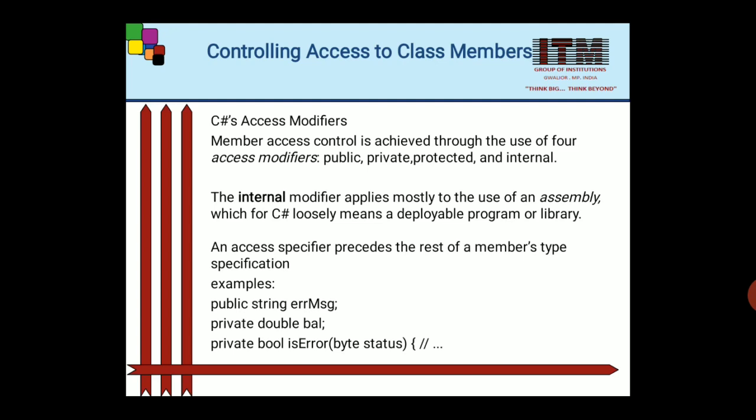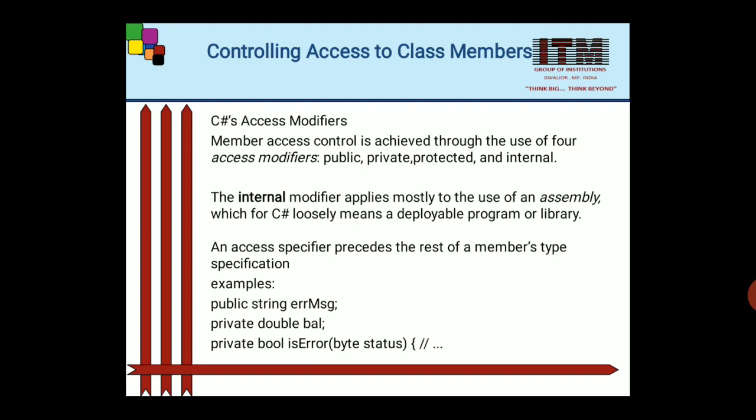Here we first define some of C Sharp's access modifiers. Basically, member access control is achieved through the use of four access modifiers: public, private, protected, and internal.